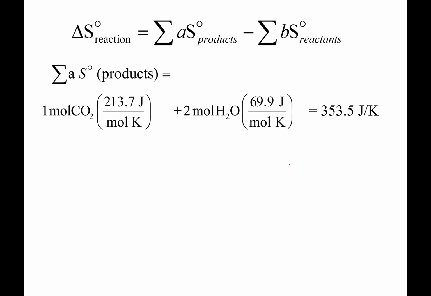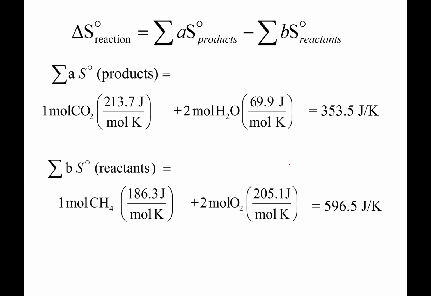Plus 2 moles of H2O times 69.9 joules per mole Kelvin for H2O. Those numbers came from the table a little bit ago. So on the product side, we have an entropy of 353.5 joules per Kelvin.